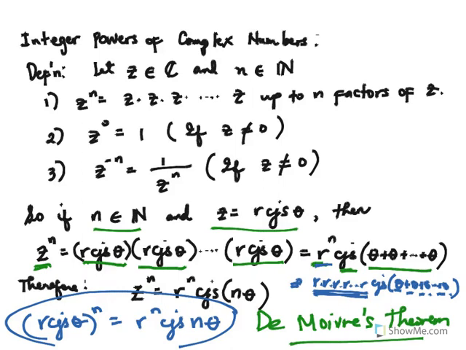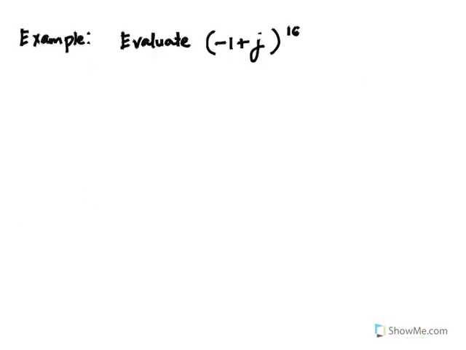Evaluating a complex number that is raised to an integer power n. For example, you want to evaluate negative 1 plus j raised to 16. Obviously, we have to start always with the polar form of the complex number. Because again, the Moivre's theorem, ang base niya is r CJS theta.